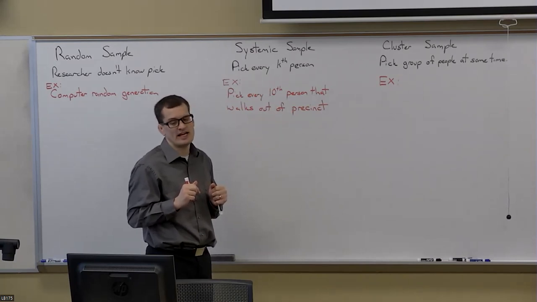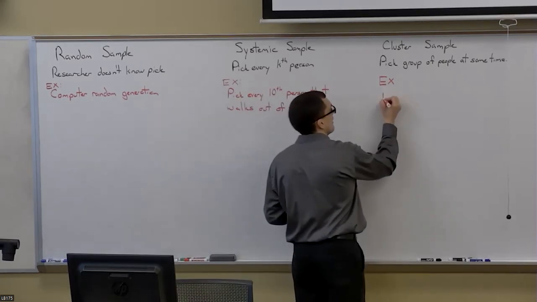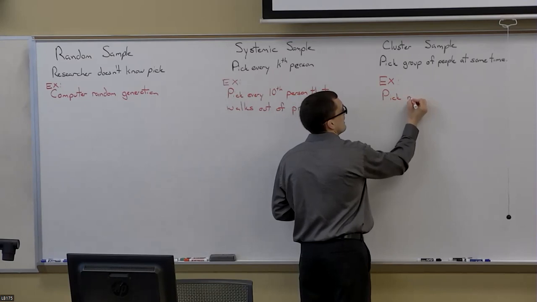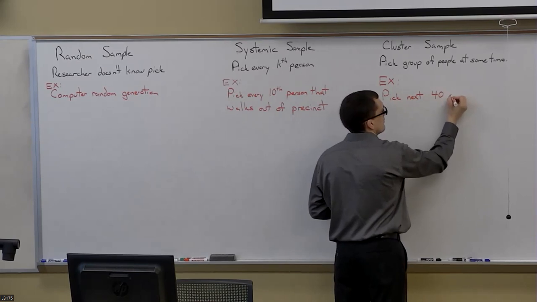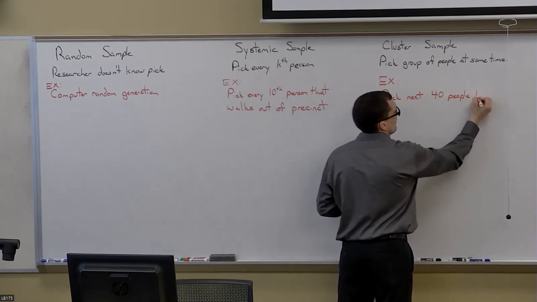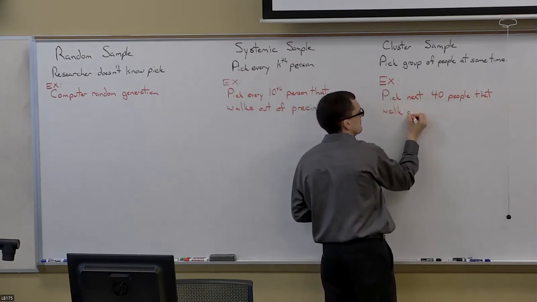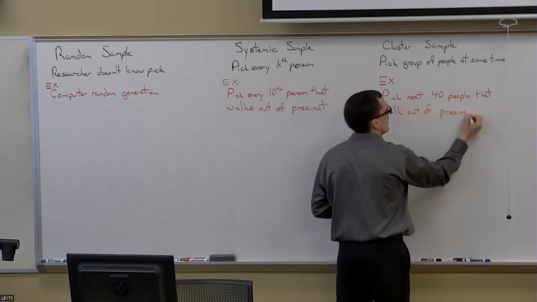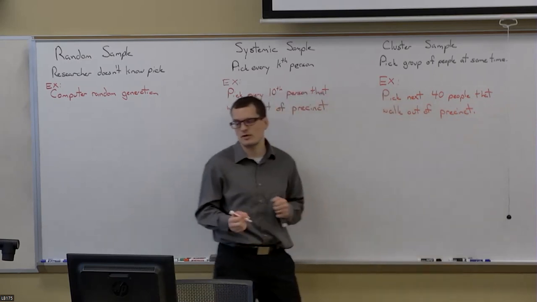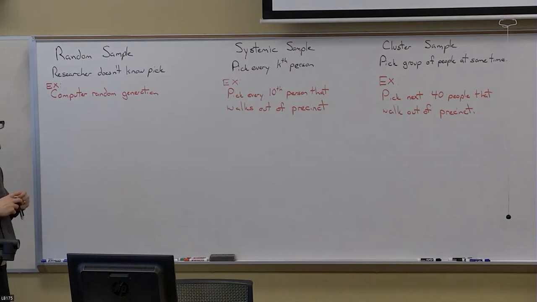Instead of waiting all day outside of a precinct and picking every 10th person, I'm going to pick the next, let's say, 40 people that walk out of the precinct. And those next 40 people are going to be my sample. That makes sense?